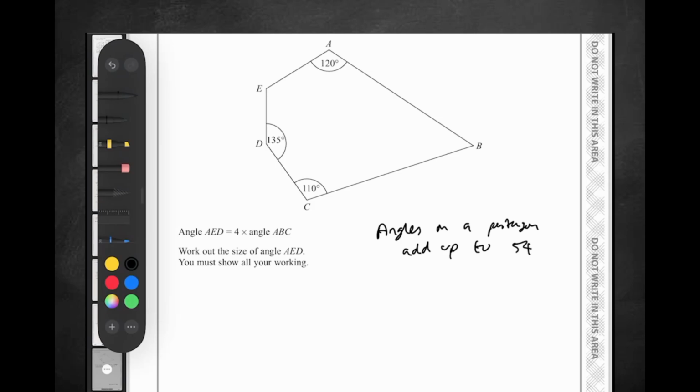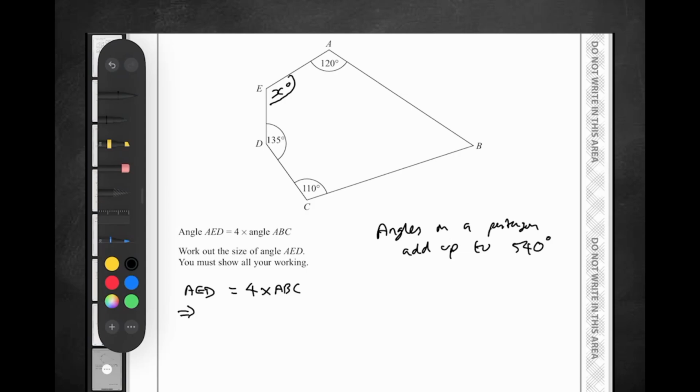to 540 degrees. So we're trying to find the angle AED, so I'm going to call this angle x. And we know, I'll write this down actually, that AED equals 4 times ABC.